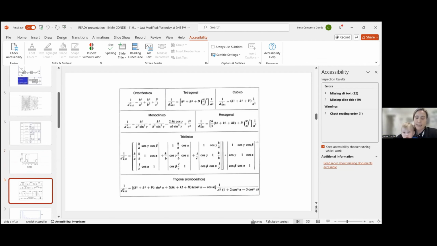So we can see here some mathematical relationships. These mathematical relationships link lattice spacing for each crystal system with the geometric parameters defining the crystal cell.